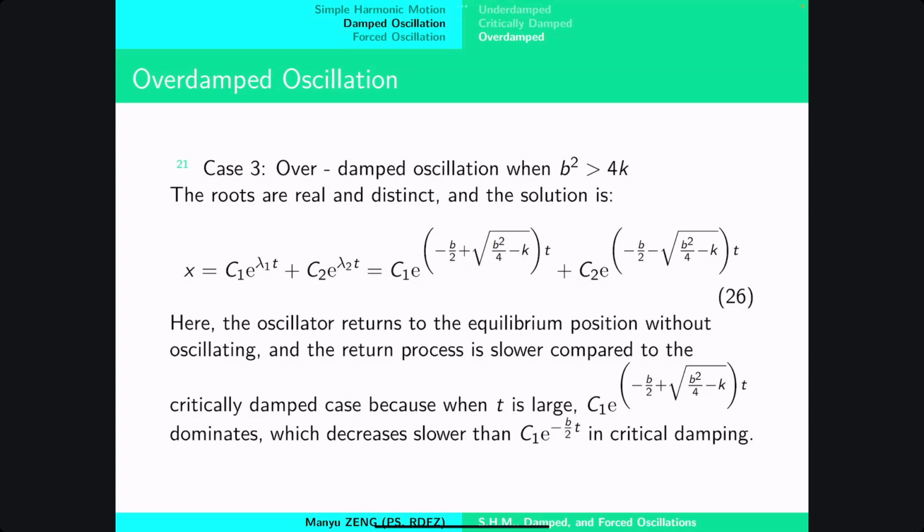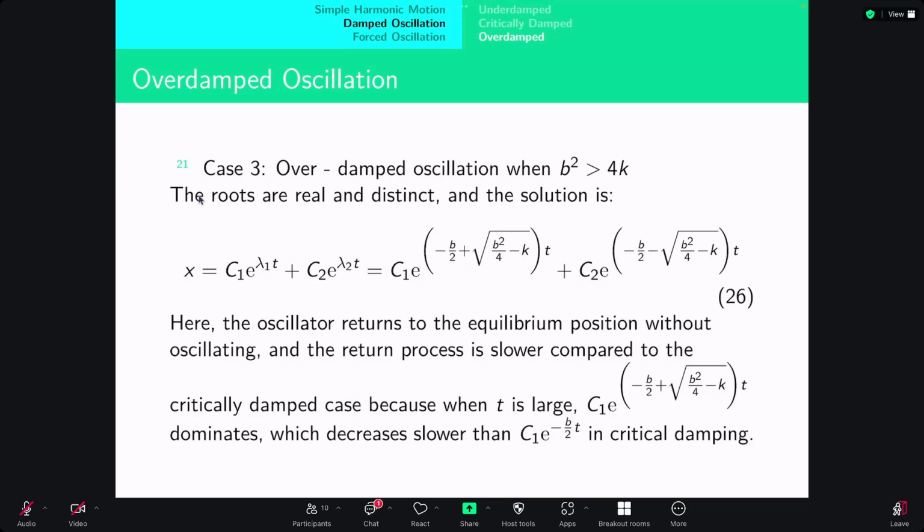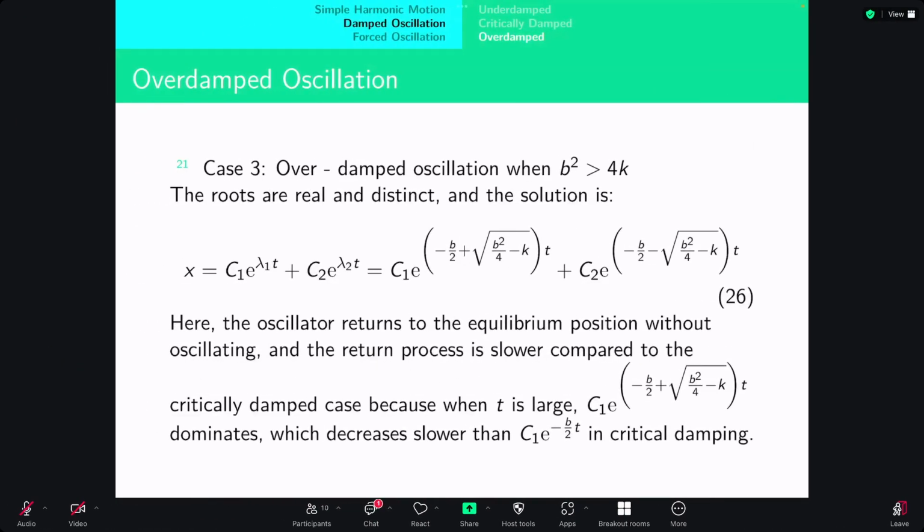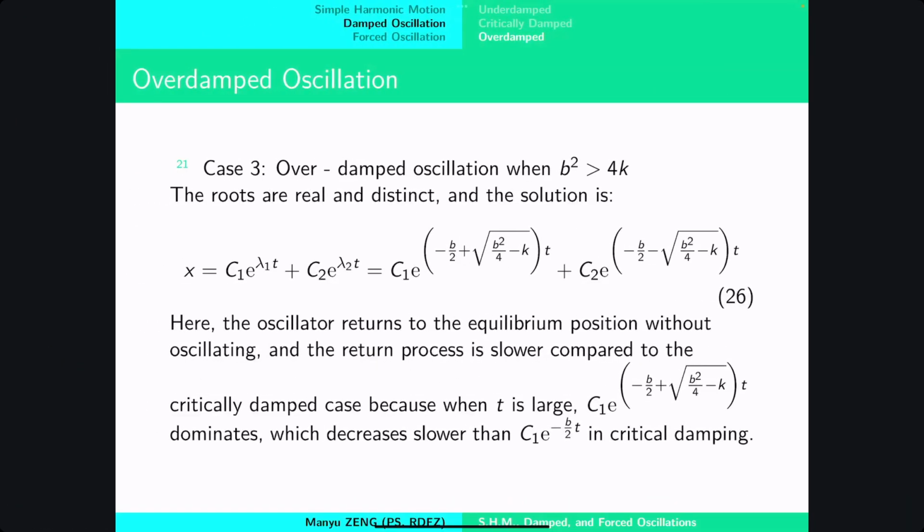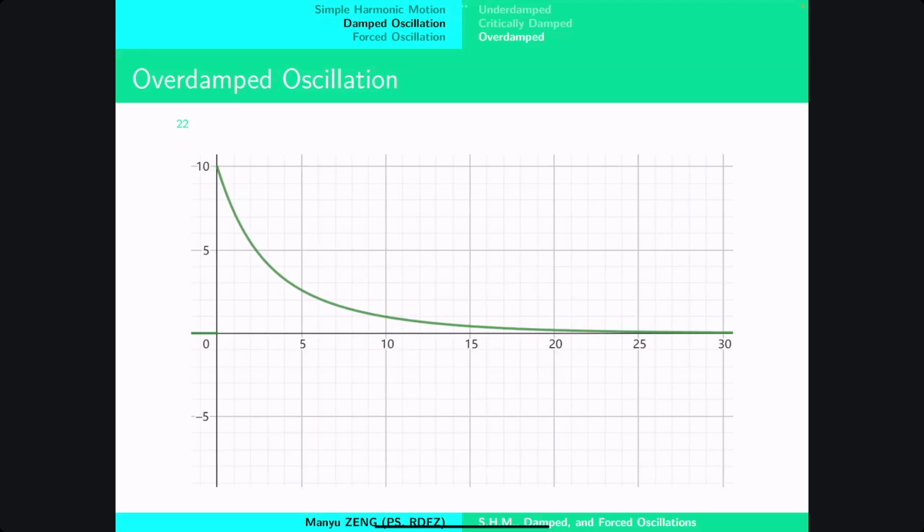The other term, negative b half plus the square root, times t, because negative b half plus something is greater than negative b half minus something. So the exponent is decreasing not that fast. So when t is large, this term dominates the other term. So it decreases slower than negative b half t in critical damping, because it adds the square root of this thing. So I draw the same diagram.